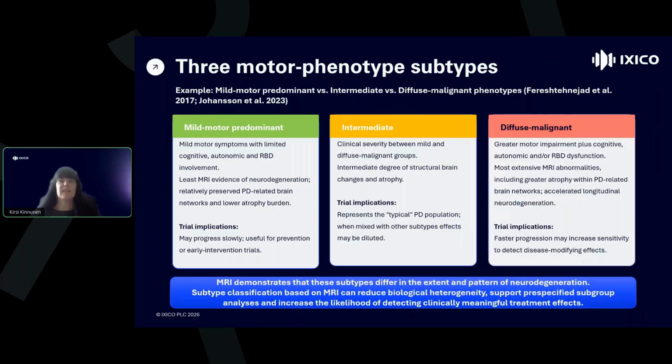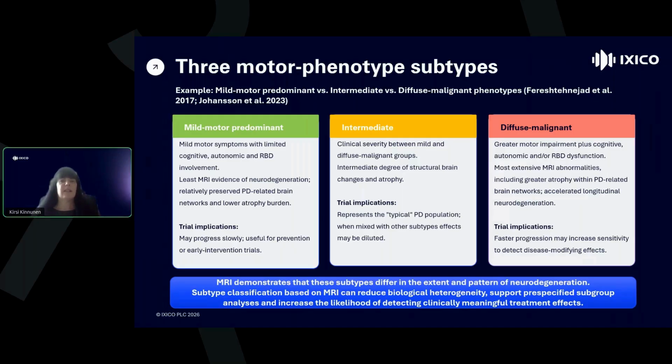So this example here includes 3 motor phenotype subtypes. A study by Ferres-Tenechard and others aimed to overcome previous limitations of Parkinson's disease subtyping by applying a data-driven clustering analysis to an extensive set of clinical measurements from a cohort of PD patients.